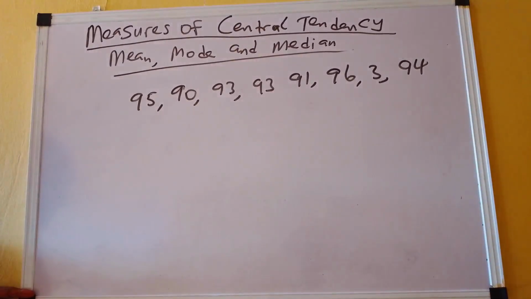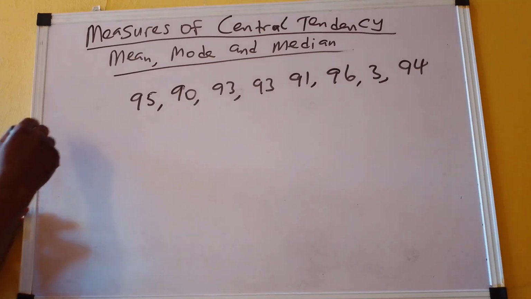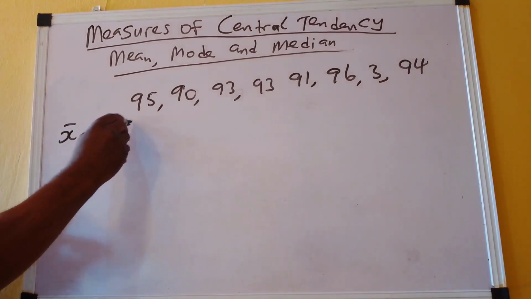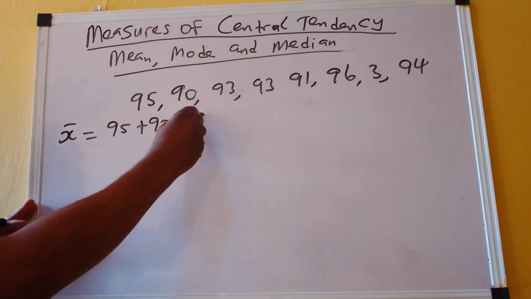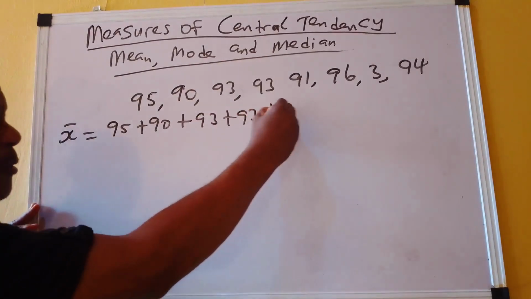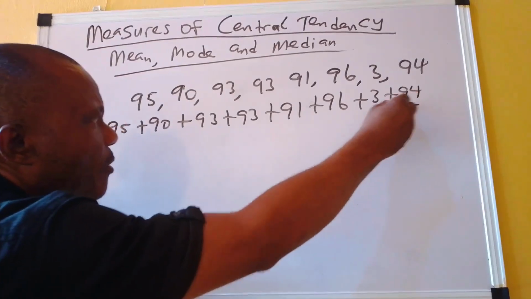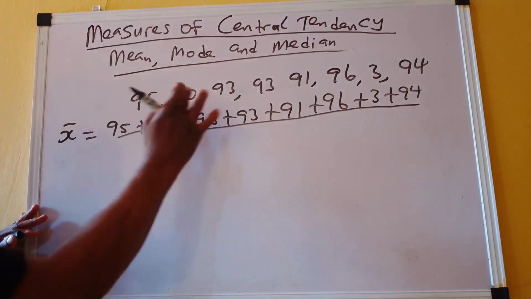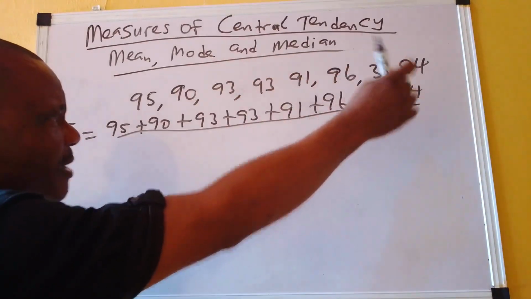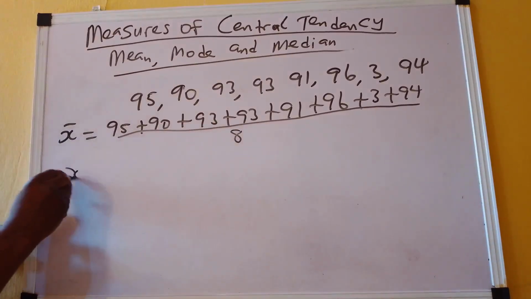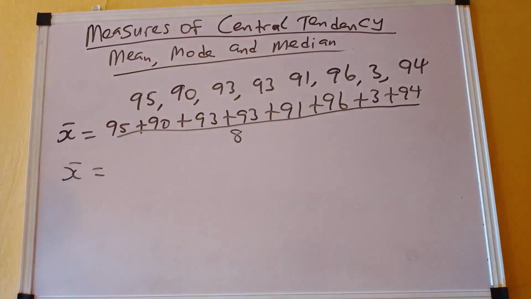Now, if we want to calculate the mean with the outlier, the mean with the outlier will be x bar is equal to 95 plus 90 plus 93 plus 93 plus 91 plus 96 plus 3 plus 94 all over the total number, which is 1, 2, 3, 4, 5, 6, 7, 8, all over 8.